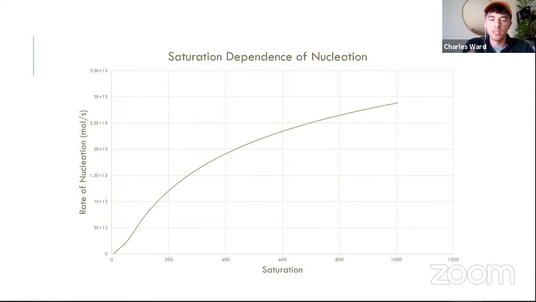And as you increase the saturation of your solution, this shows me that I would expect the rate of nucleation to increase as well. So using a combination of, once again, these two models, I could find a happy medium between too much metal precursor and too slow of nucleation, a bunch of different variables to play with in this case.